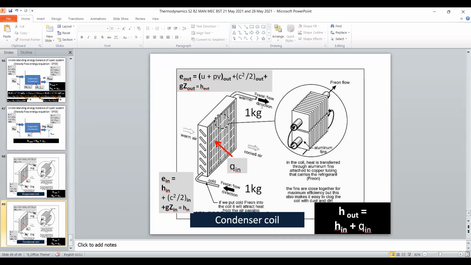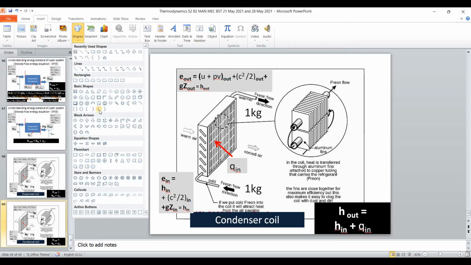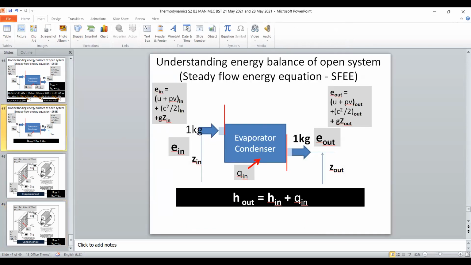But in the condenser, the flow in is from the top and the flow out is from the bottom. Practically, that should be the way. So let me try to put that.